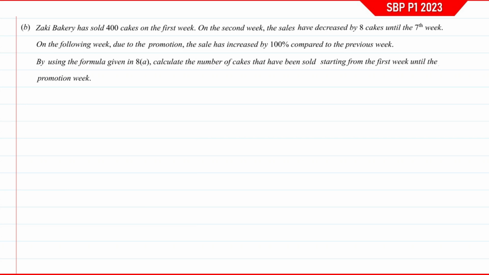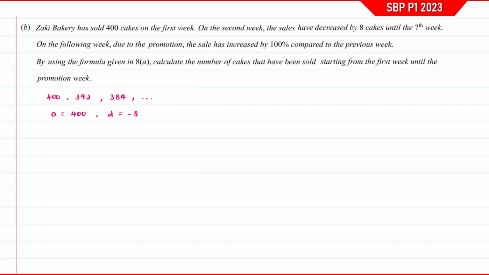So the number of cakes sold by Zaki Bakery will form an arithmetic progression, starting with 400, followed by 392, followed by 384, and so on until the 7th week. So here the a is 400 and the d will be -8.